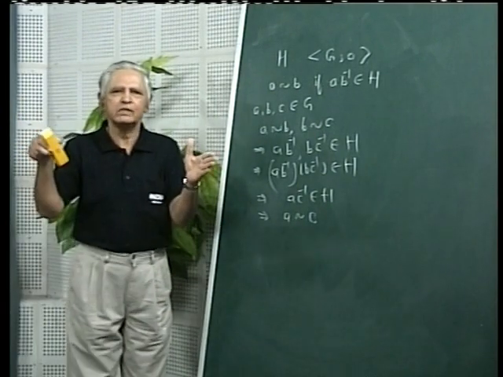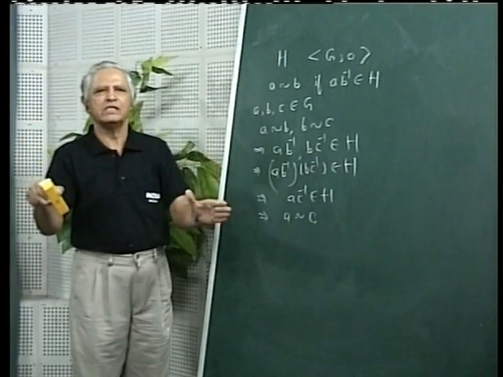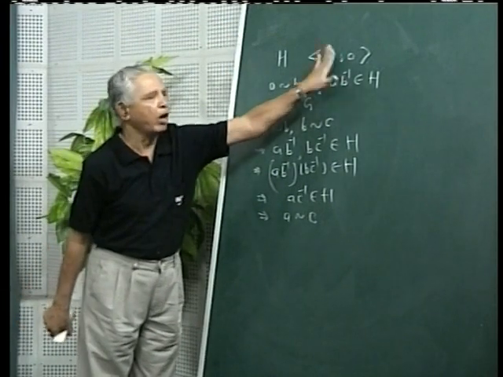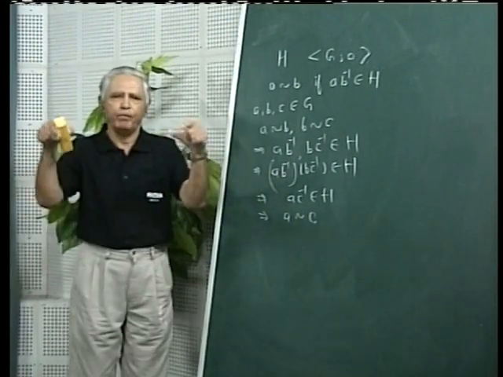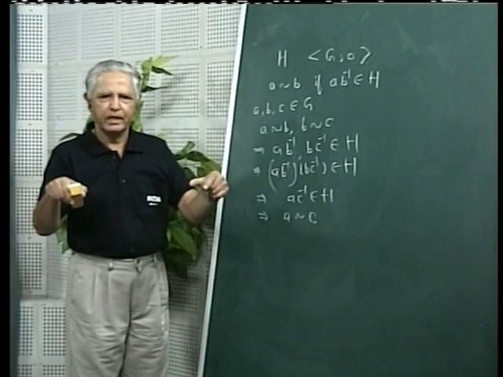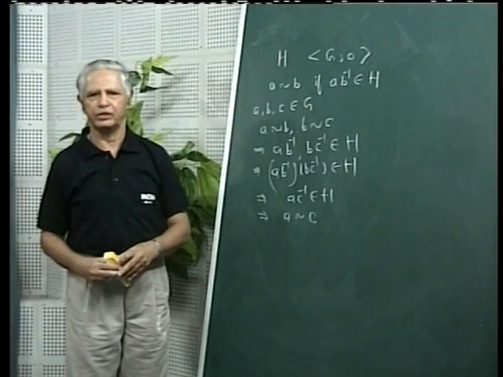So if we take the equivalence classes, then the equivalence classes will give a partition of the group G. But now our main question is: what are the equivalence classes here?